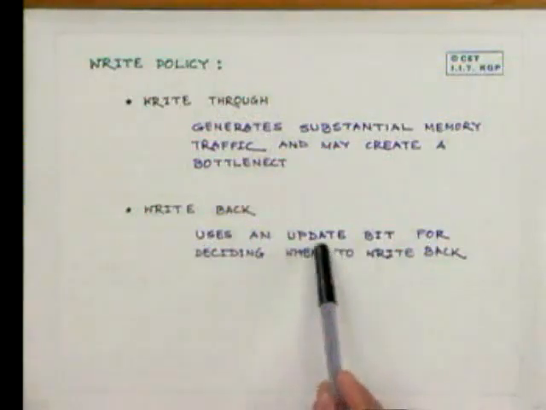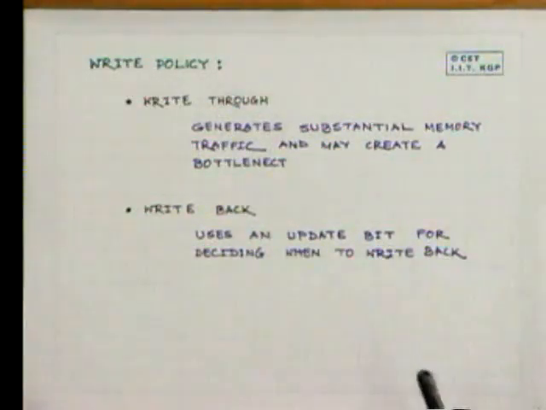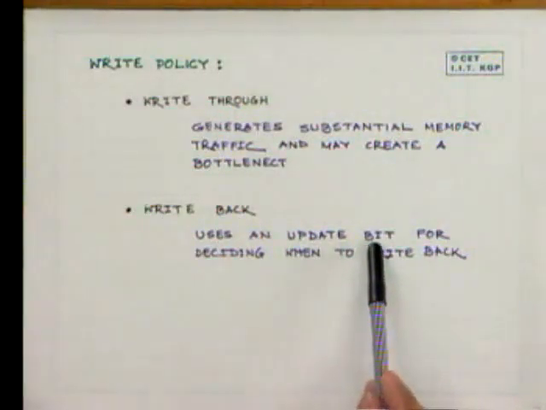Then when this particular line is to be replaced, we check whether that write bit is 1 or not. If it is 1, then that line is written back into the main memory. Otherwise, nothing has to be done so far as writing is concerned. That is why it uses an update bit or write bit for deciding when to write back. If at the time of replacement we find this update bit is 1, then we decide to write back. Otherwise, we do not write back.